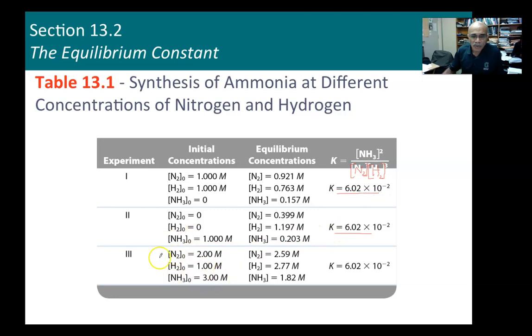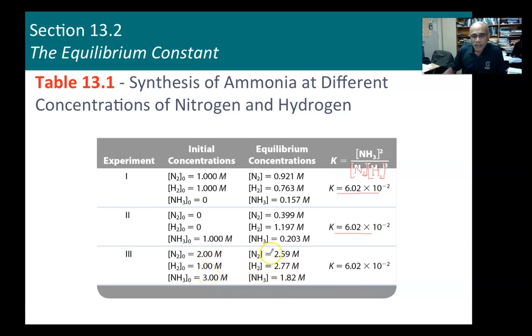You do the same for experiment number 3. This time, instead of starting with just the reactants or just the products, you start with some quantities of the reactants and products. You look at this: 2 molar of the nitrogen, 1 molar of the hydrogen, 3 molar of the ammonia. So in other words, you have some quantities of all the entities in the reaction.